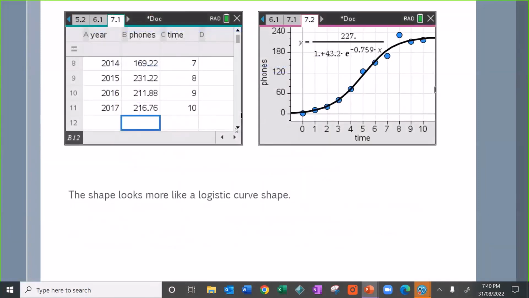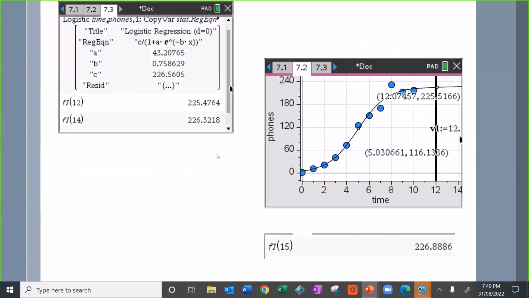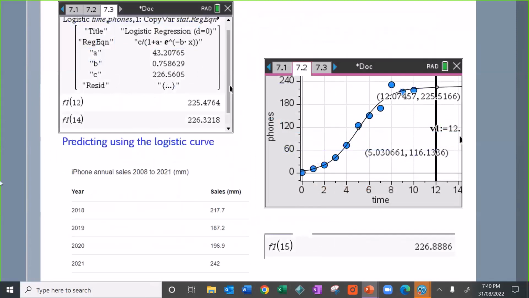And we have this characteristic S shape, which is quite interesting. And then we can look at the data for the following years, 2018 to 2021, and try to predict using our curve how close the numbers are to the actual data.